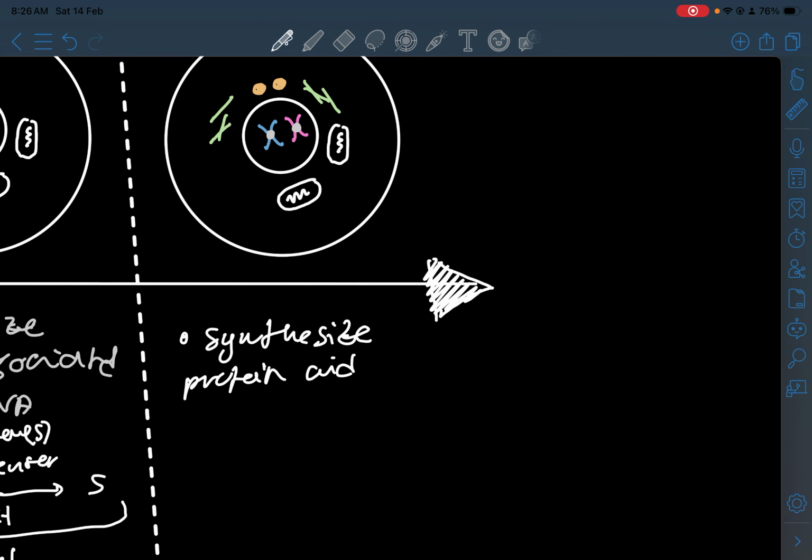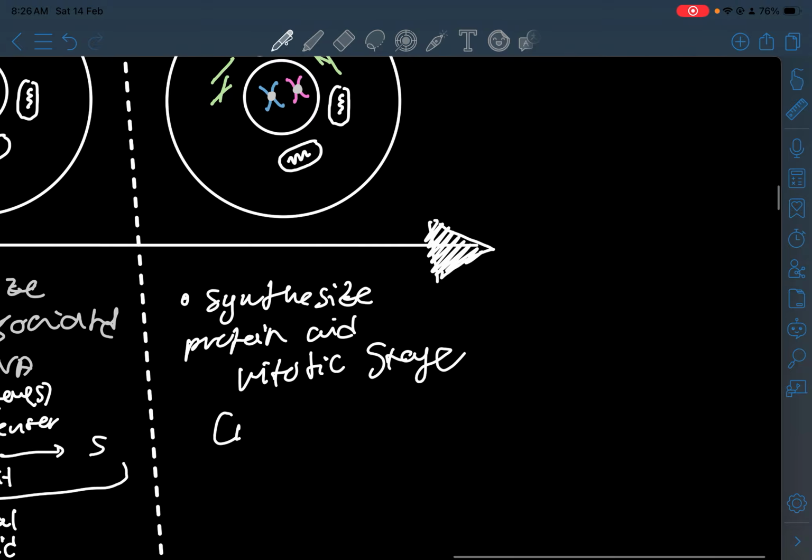The proteins synthesized in S phase are used to organize the DNA in a coil form. But in G2, this protein actually will form microtubules.